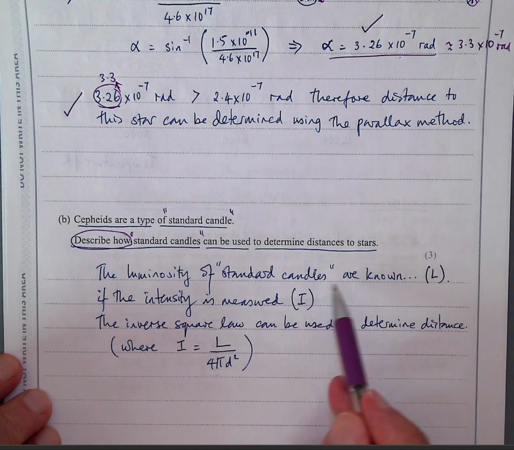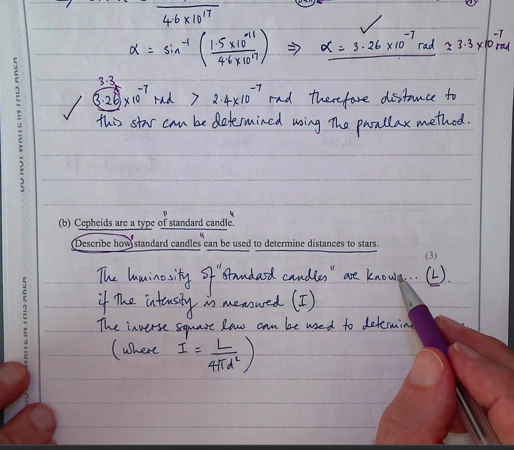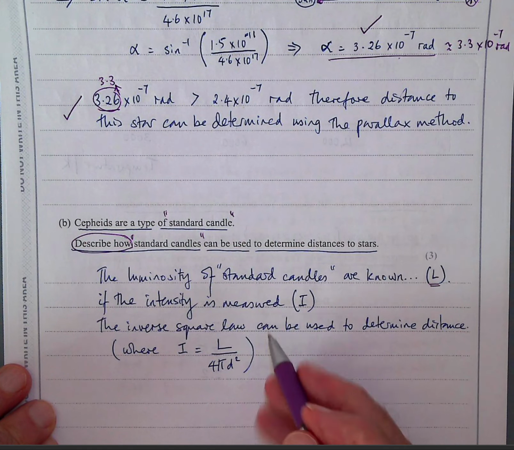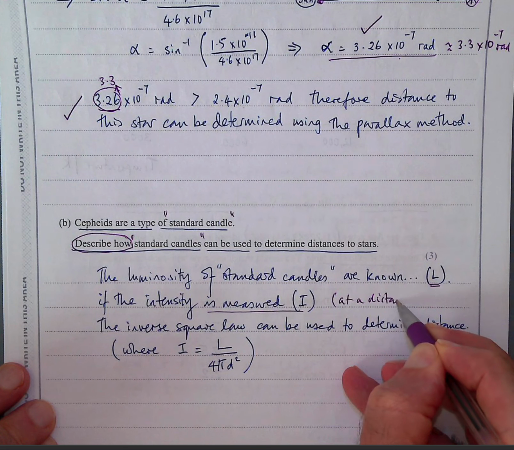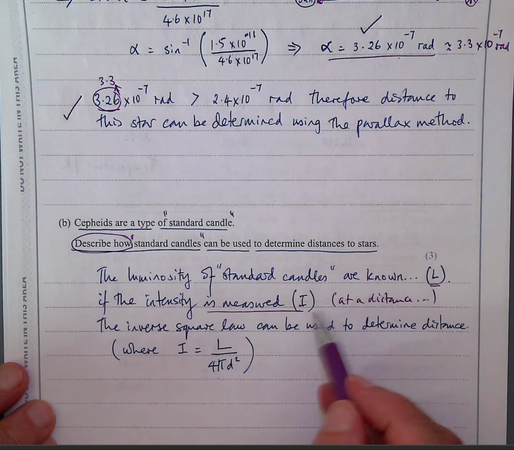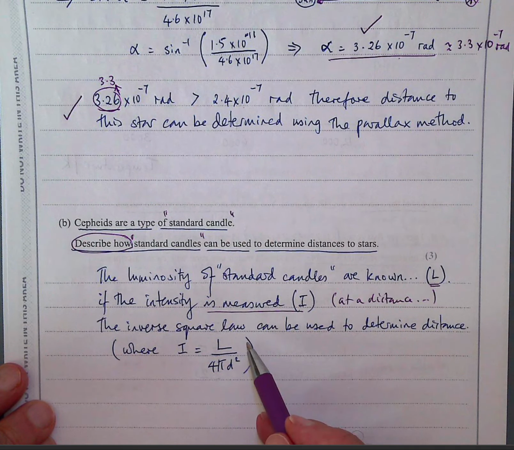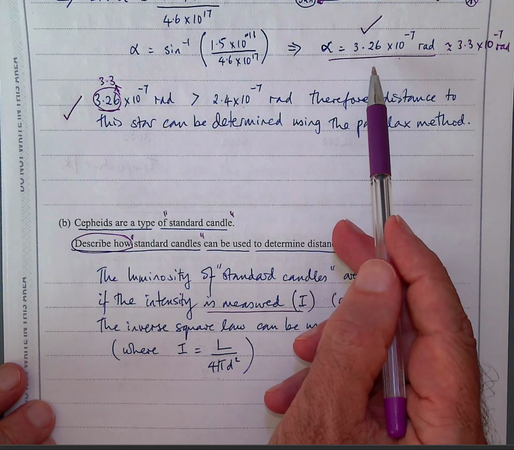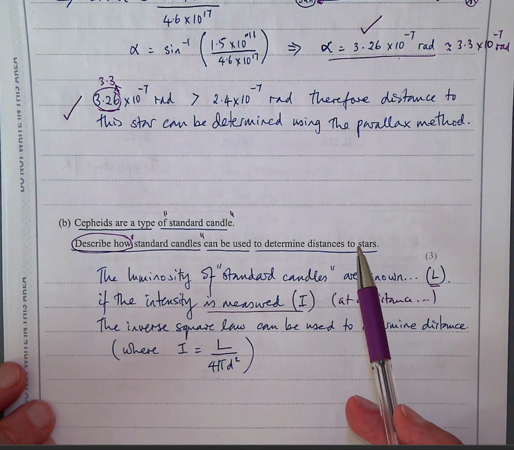Well, the luminosity of standard candles is known, which is exactly how much power they're emitting at source. So if the intensity of these variable stars is measured at a certain distance, using the inverse square law, and you have one that you've measured the distance to, for example by the parallax method, like we did here, where alpha was greater than the minimum angle required, then we already know a value for one of them.